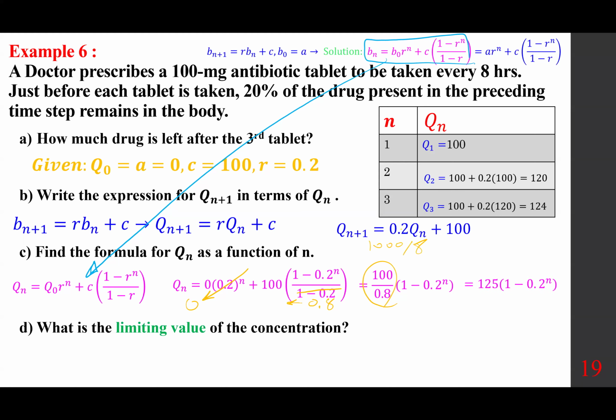So the answer is 125 times 1 minus 0.2 to the power of n. If we put n equals 1, 2, 3, we get the table that we had in the first place.